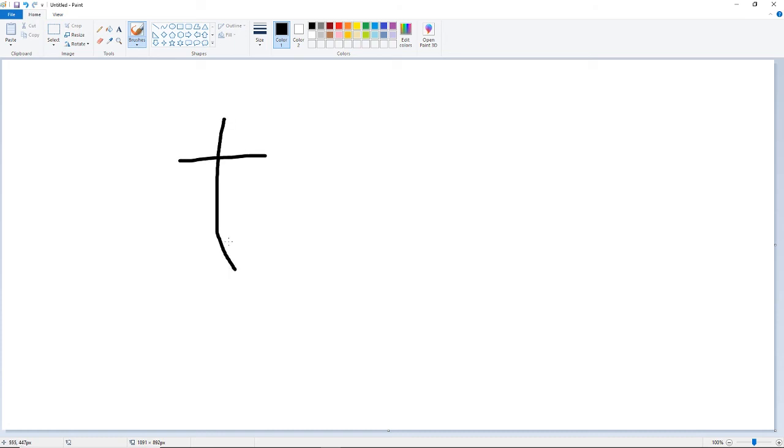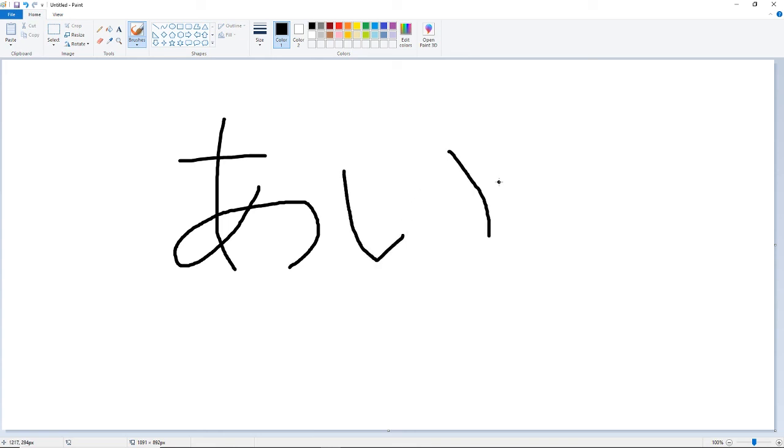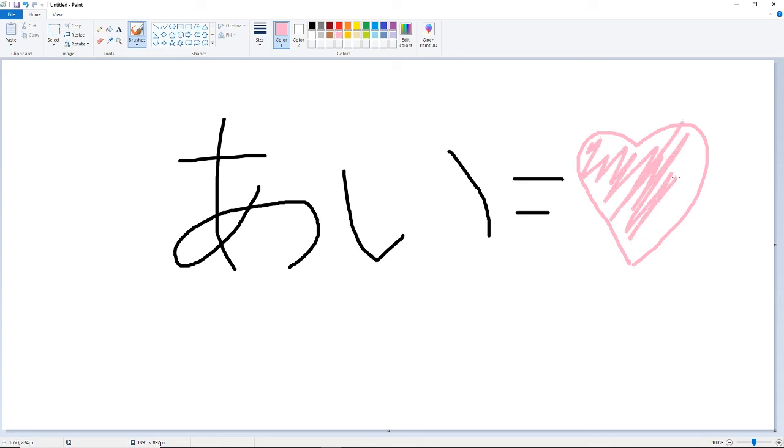Another word we can make from the letters from the last video is ai. Ai means love. And now, for those of you who are weebs like me, you probably recognize this word. If you don't, that's fine. Look for it in your next anime.